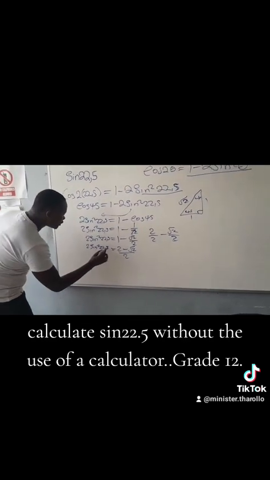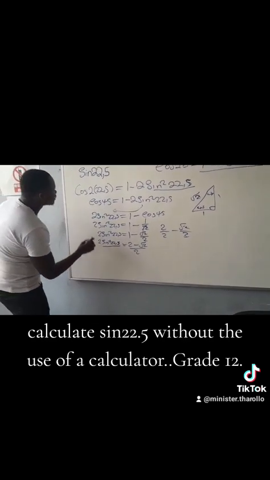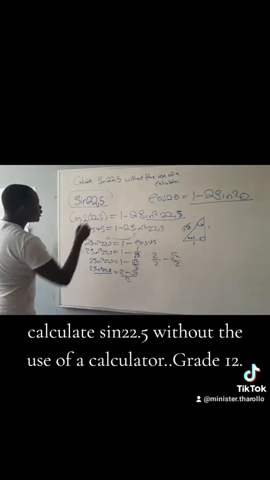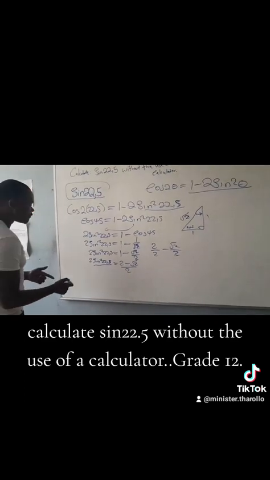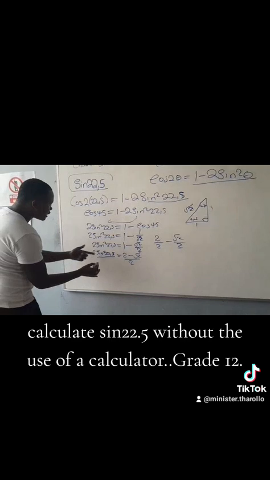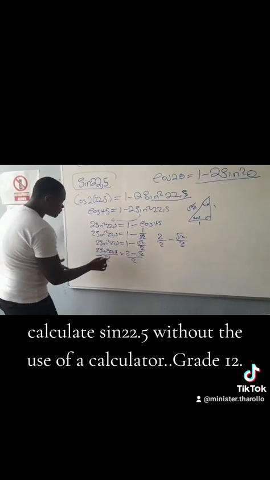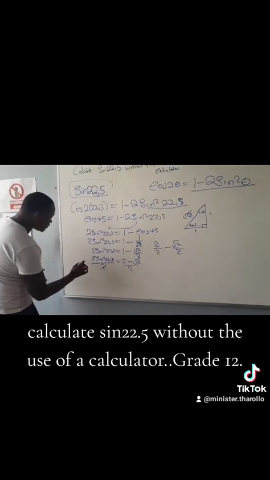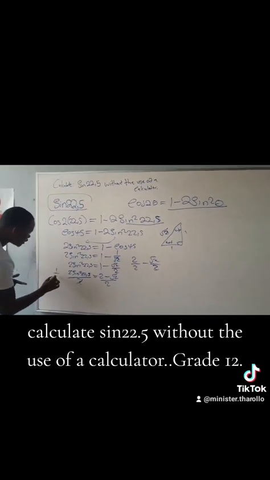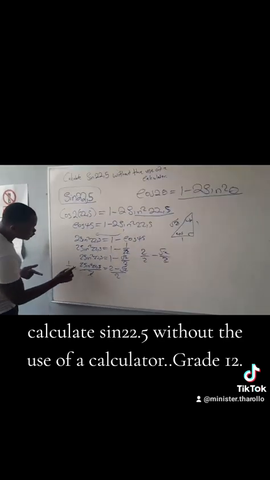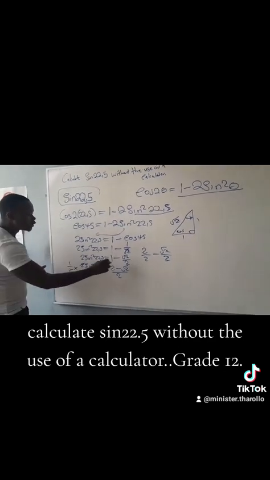As we're looking for sin 22.5, we must make it the subject. We divide by 2, which is the same as multiplying by 1 over 2, so the 2s cancel on this side.